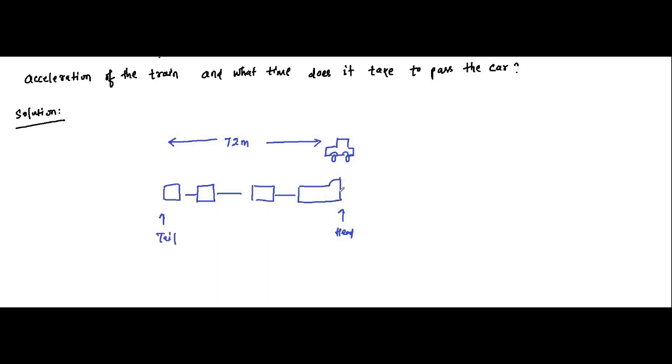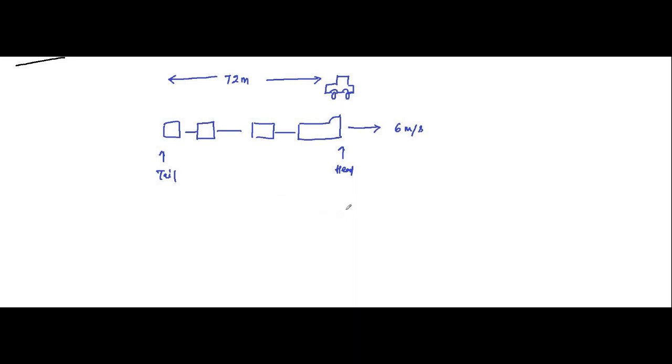So at that time when it is passing, its velocity is how much? 6 meters per second. And when the tail end is just past the car, at that time its velocity is how much? 9 meter per second.